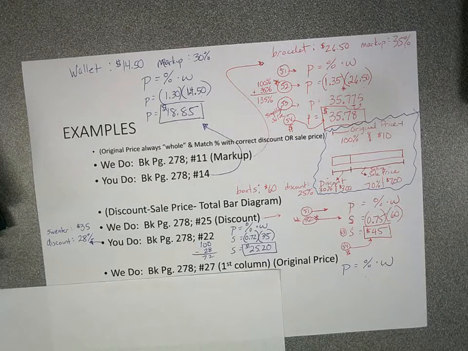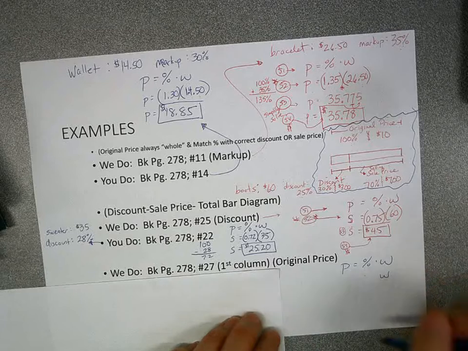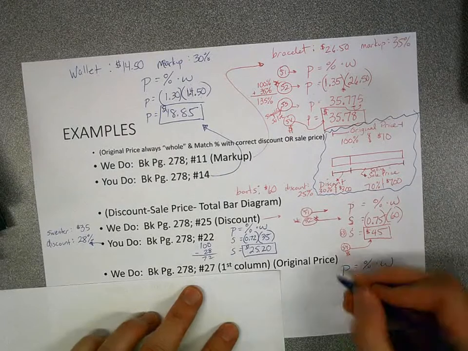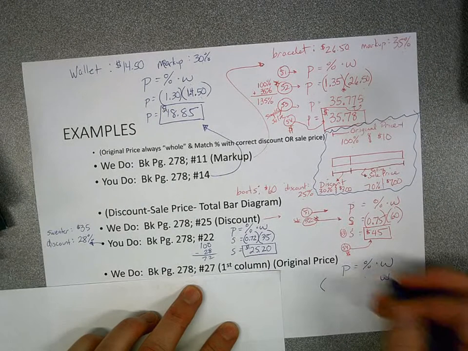They give us the marked down price, but they don't give us the original price. That's what we have to solve for, so the W stays there. They're giving us the markdown price, which goes under the part, in this case $2.99.